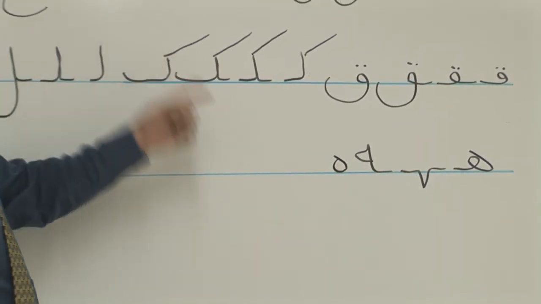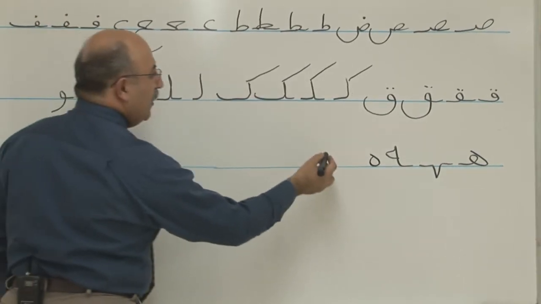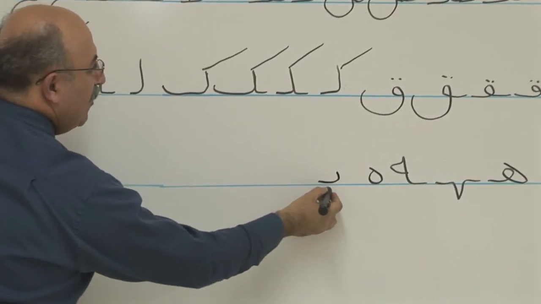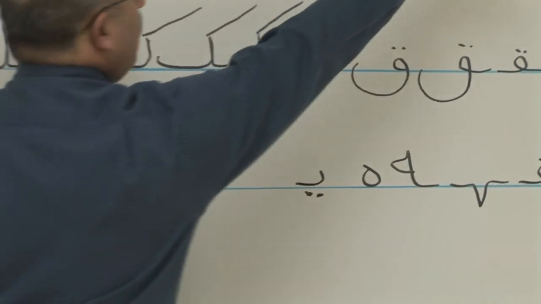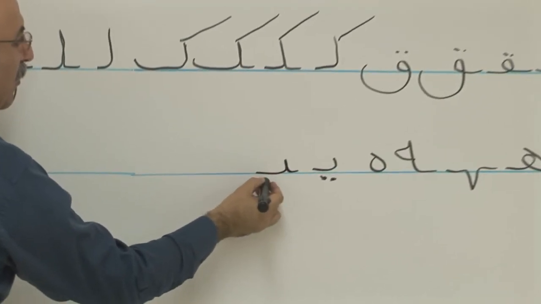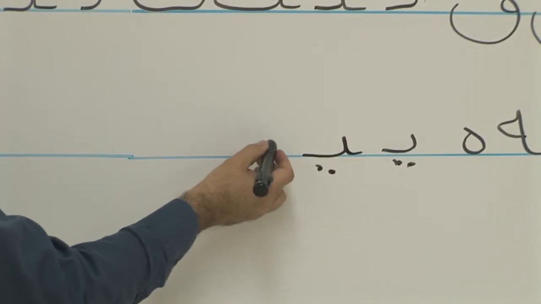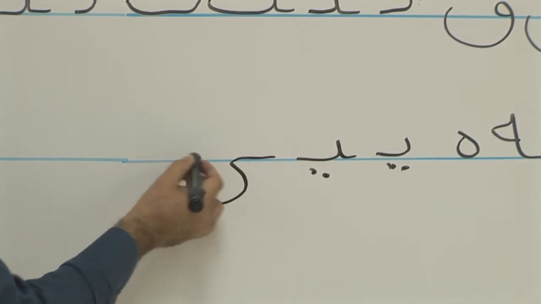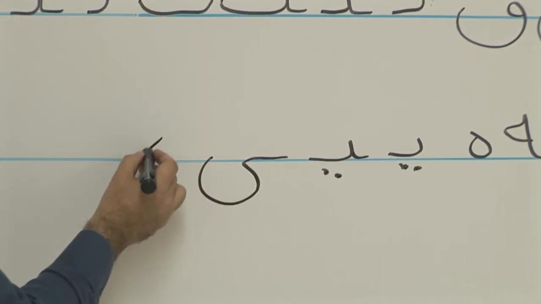Quite different from the rest of them. And then ye has the same shape as this, and then the middle, and then terminal, and then standalone.